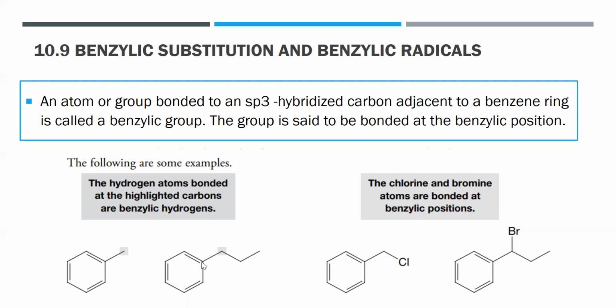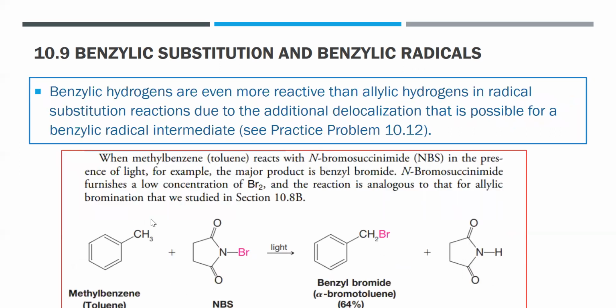It's similar to allylic, but because there is a ring, you call this one a benzylic position. And the group of atoms bonded to this carbon are at benzylic positions. And of course, the hydrogens connected to this carbon are called your benzylic hydrogens.